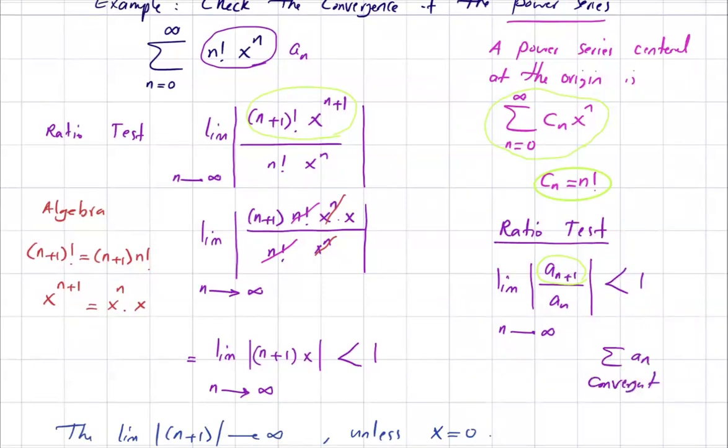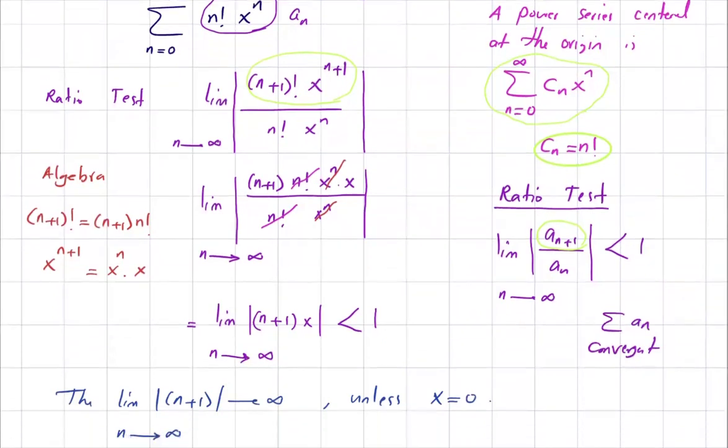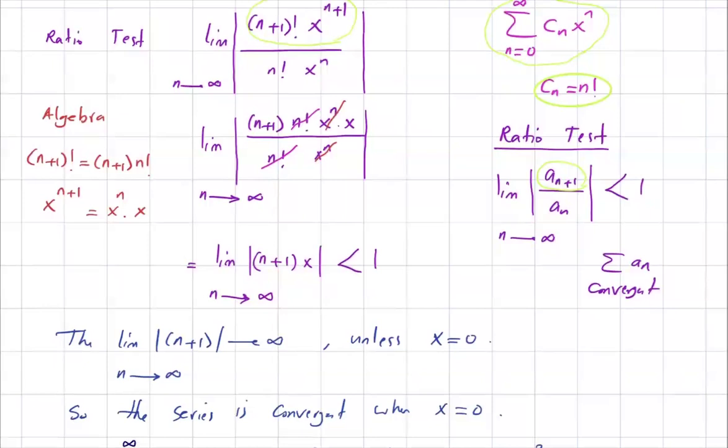So when you take the limit, on the numerator you have a_(n+1), on the denominator you have a_n. Wherever you see n, you're going to substitute n plus 1, and the limit must be less than 1. But since you have the limit of the absolute value of n plus 1 as n goes to infinity, it always goes to infinity.